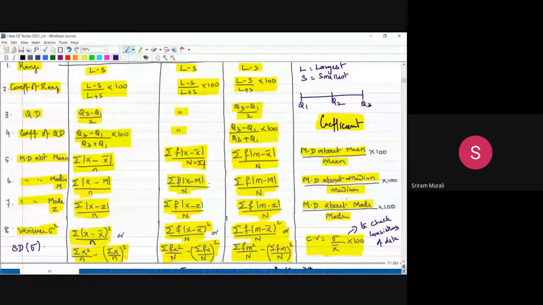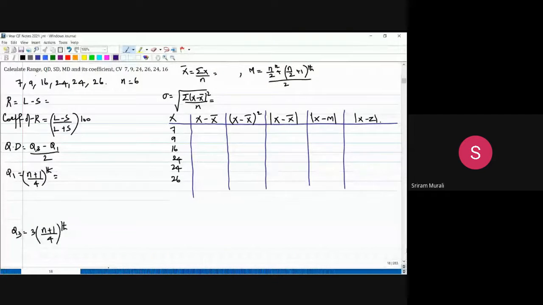Okay. Now I shall start a problem. We have to compute all the measures I mentioned now: range, QD, SD, MD and its coefficient, also CV. First, I calculate the range.